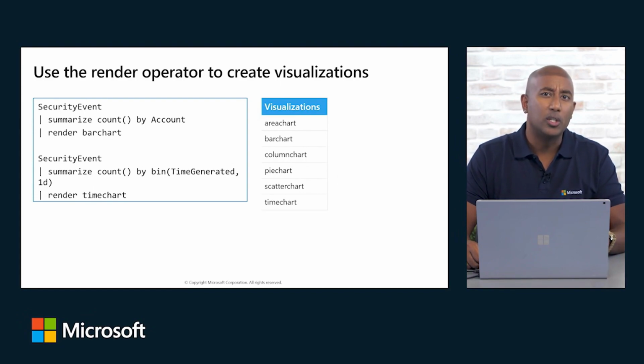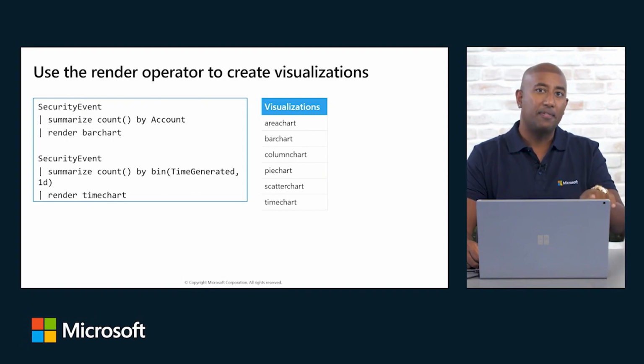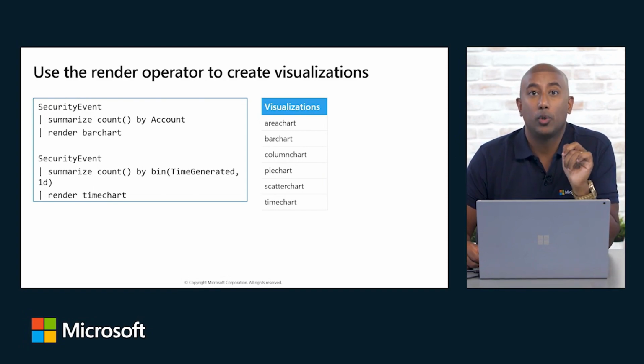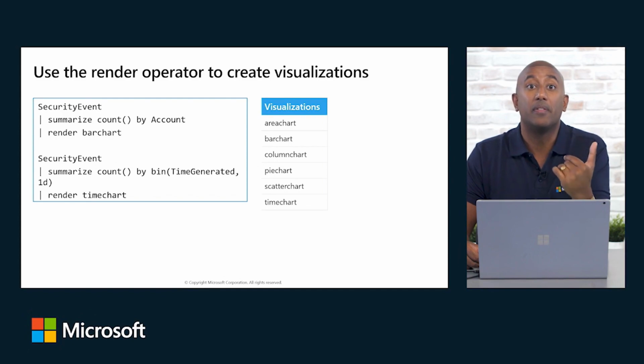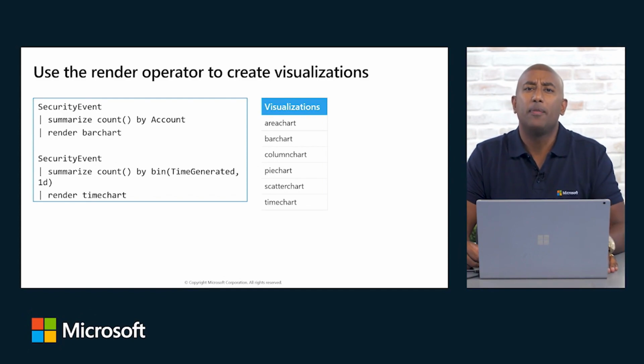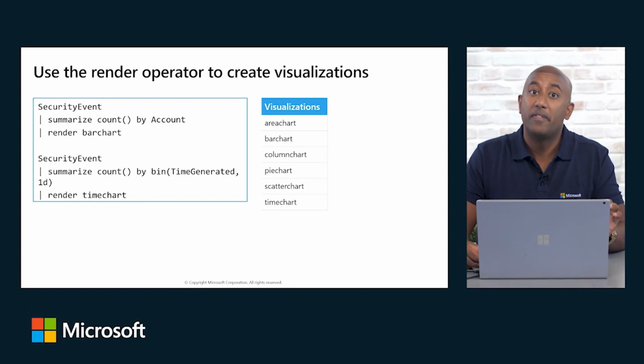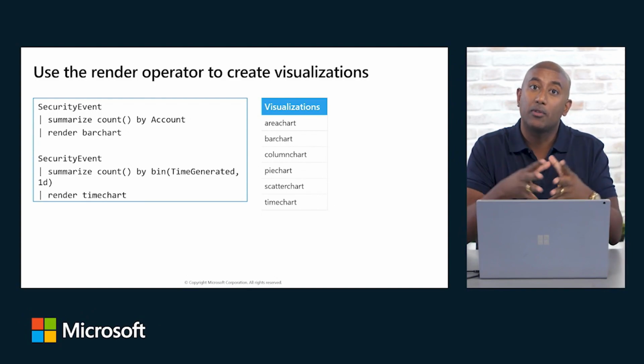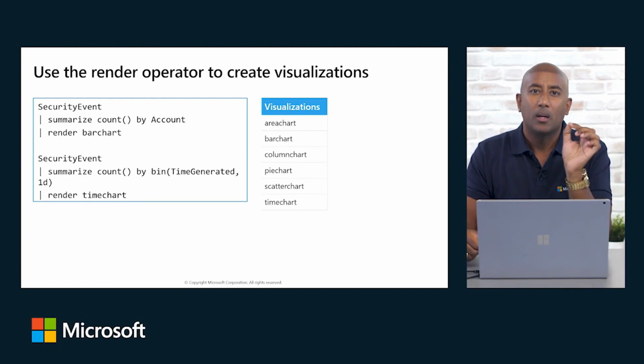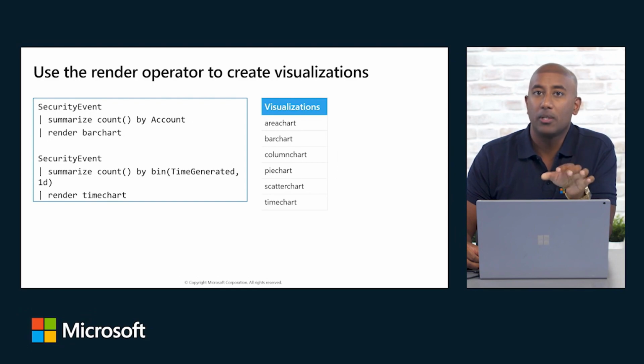The bin function, as we can see on the slide on the left, rounds values down to an integer multiple of the given bin size. If you have a scattered set of values, the values are grouped into a smaller set of specific values. Combining the generated time series and piped to a render operator with a type of time chart provides a time series visualization.